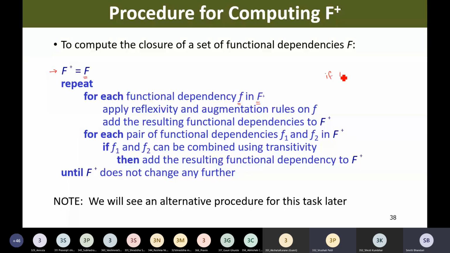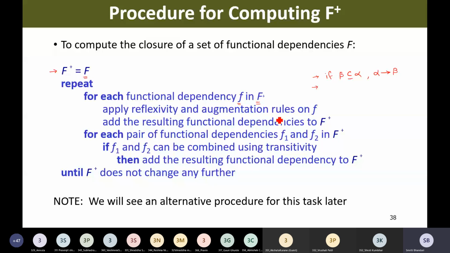If beta is a subset of alpha, then we may come up with the functional dependency alpha determines beta. We need to use every functional dependency in our F plus and first check this rule, and we may come up with new functional dependencies.